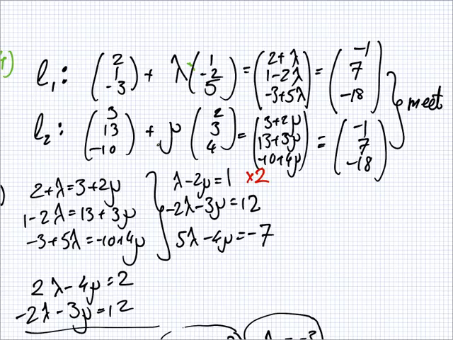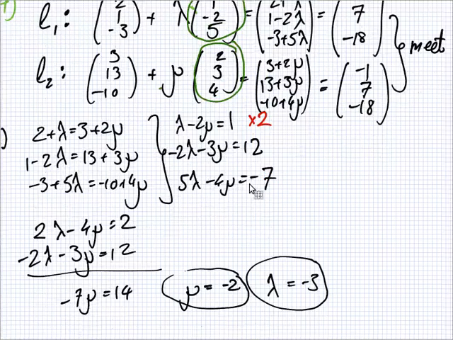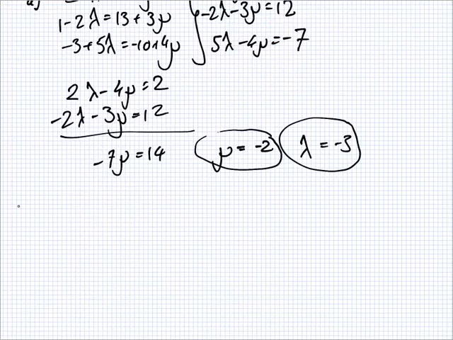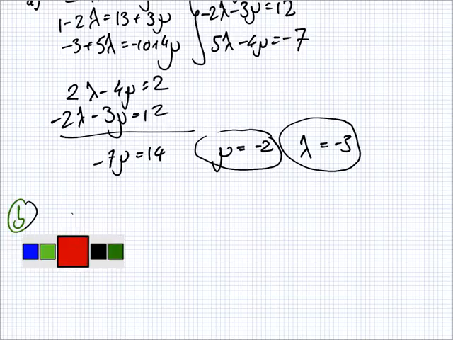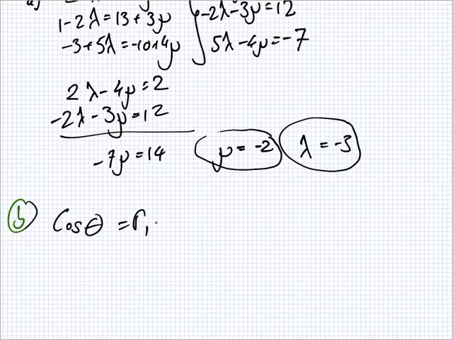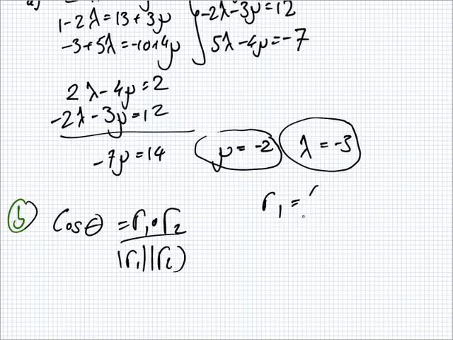Give me the numbers. 1 minus 2 5. That's it. I need to use this one and this one to get the angle. So we use our formula. Cos theta equals R1 dot R2 over magnitude R1 magnitude R2, where R1 is 1 minus 2 5 and R2 is 2 3 4.